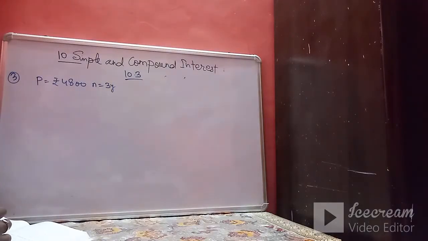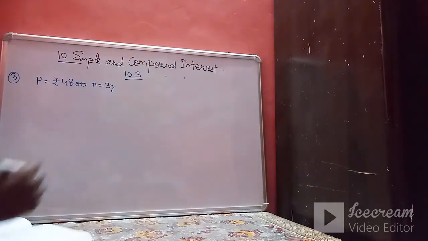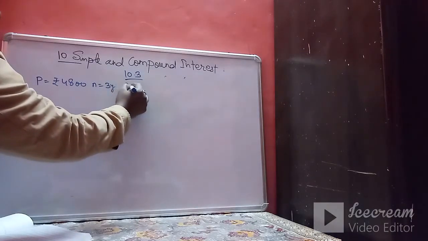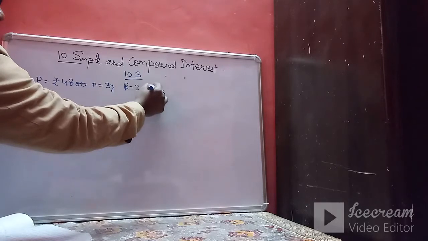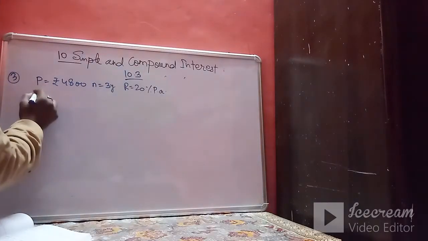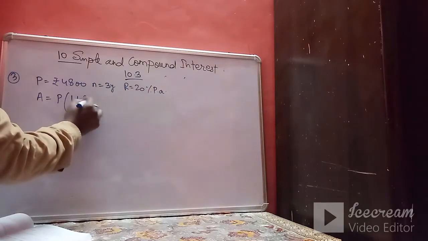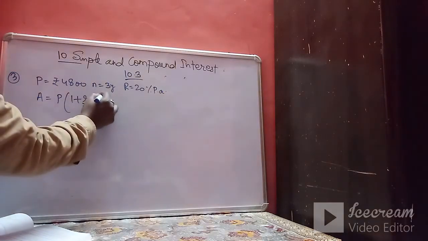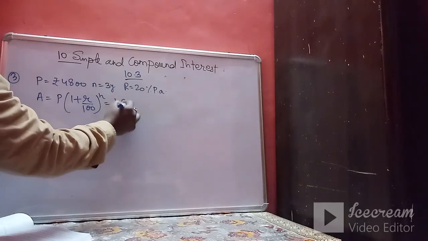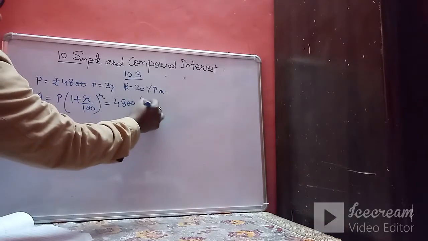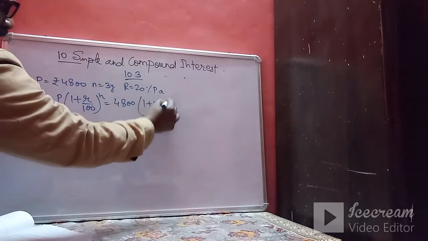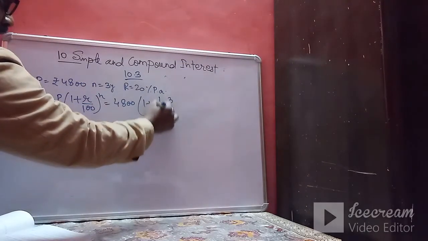Compounded annually at the rate of 20% per annum. That is, rate is 20% per annum. So the formula is A equals P into 1 plus R upon 100 to the power n, that is 4800 into 1 plus 20 upon 100 to the power 3.